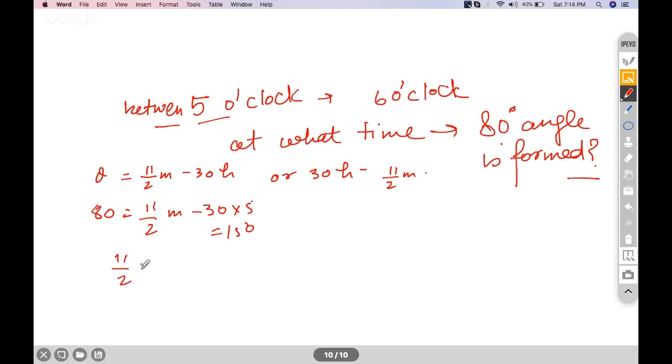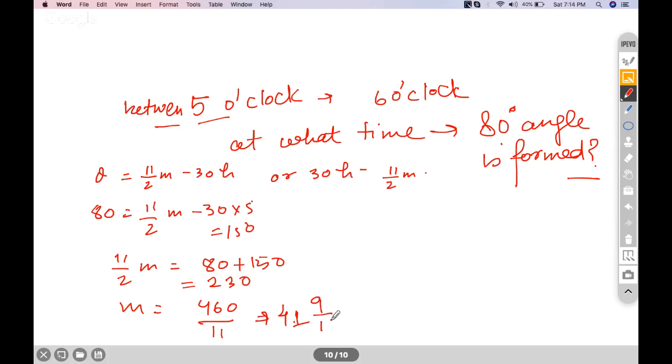So 11 by 2m is equal to 80 plus 150, which is equal to 230. So m is 460 divided by 11. This goes 4 times, and 20, so which is 41 9 by 11. And on this side I get 80 is equal to 150 minus 11 by 2m.